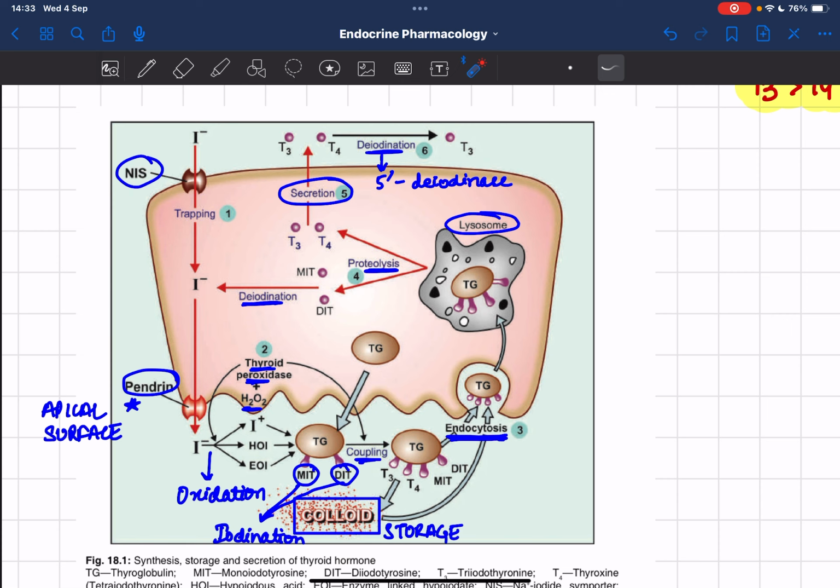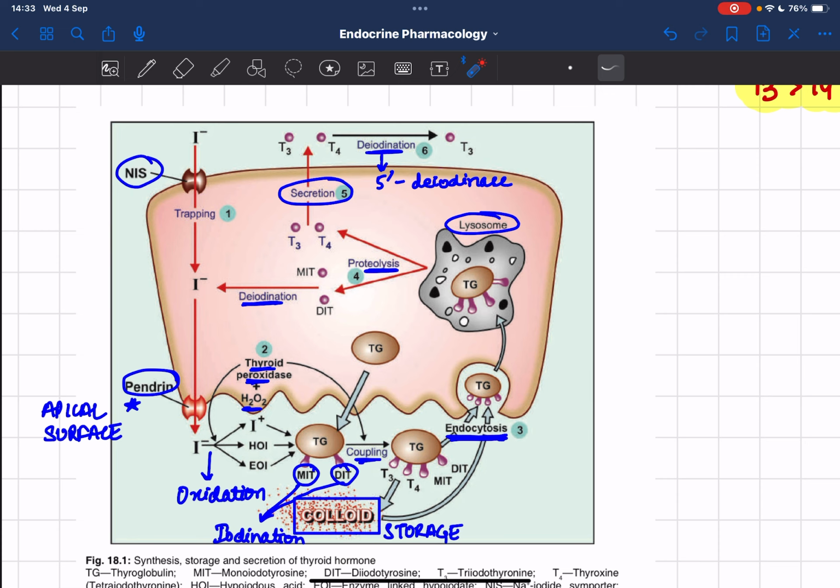Once it has been destroyed, there will be release of T3 and T4, and MIT and DIT will be deiodinated to give back the leftover iodine to be used again. The iodine that was left in the form of MIT and DIT, that didn't form T3 and T4, will again go via the pendrin protein into the colloid, while the T3 and T4 will be secreted.